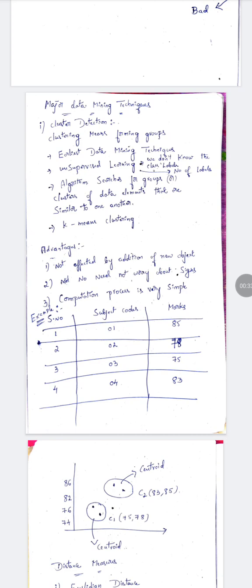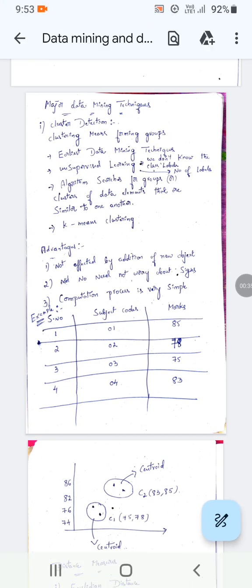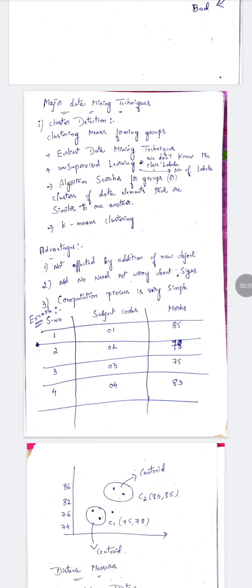The K-means algorithm forms groups, and it is the earliest data mining technique.